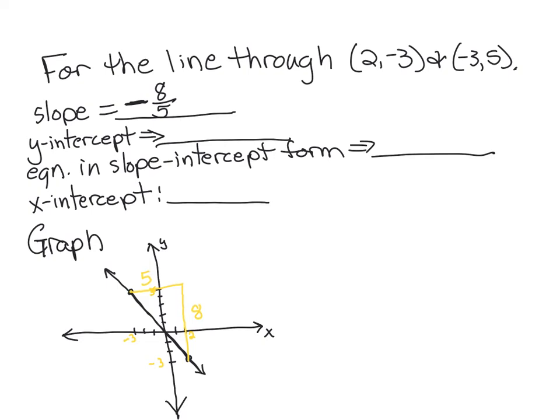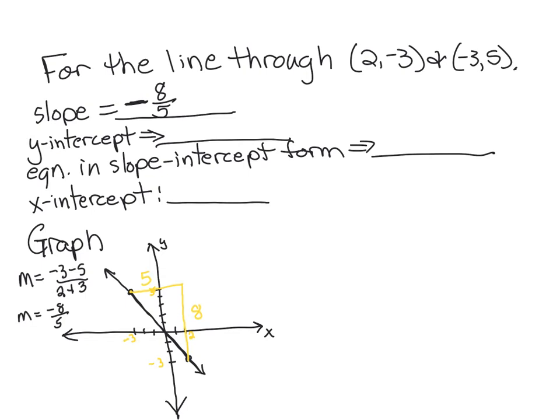All right. If you want to do the math, m equals, pick a point to start with, -3 minus 5, over 2 minus a negative 3, m equals negative 8 on top, positive 5 on the bottom.